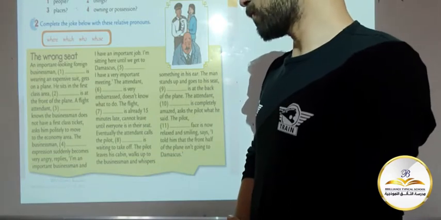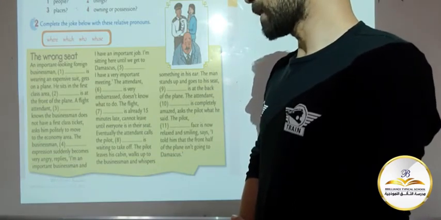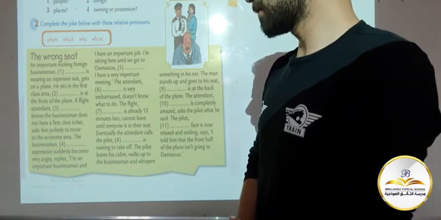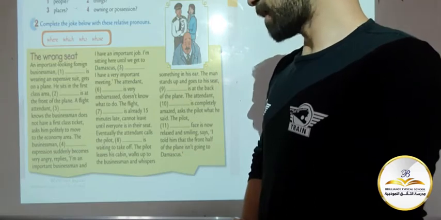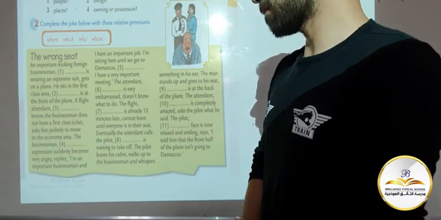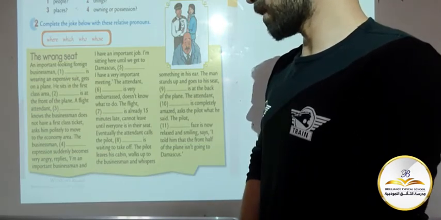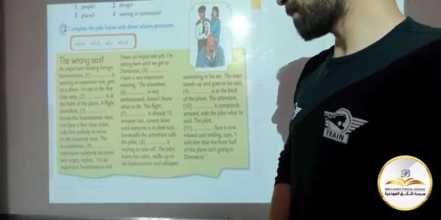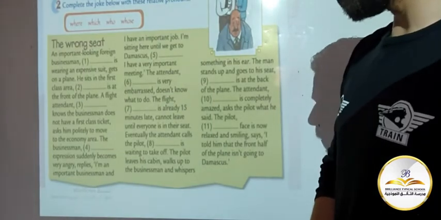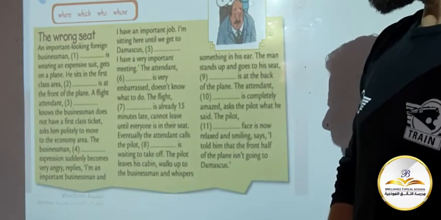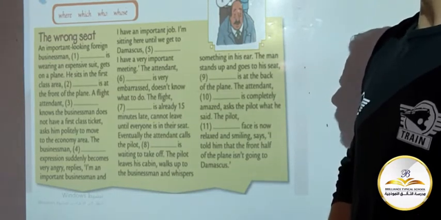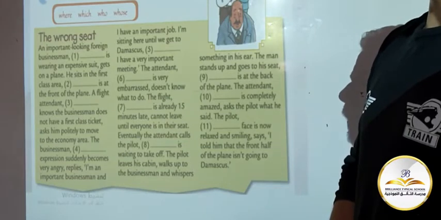He sits in the first class area, blank, is at the front of the plane. A flight attendant, blank, knows the businessman does not have a first class ticket, asks him politely to move to the economy area. The businessman, blank, expression suddenly becomes very angry, replies, I am an important businessman and I have an important job. I am sitting here until we get to Damascus.